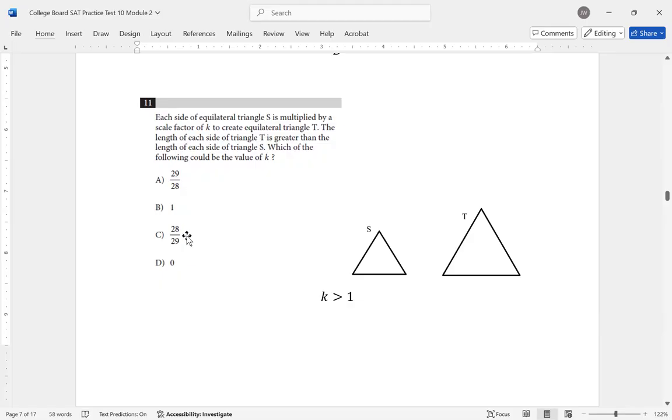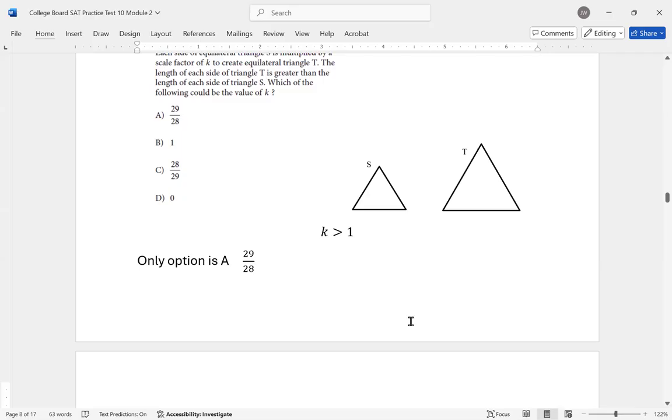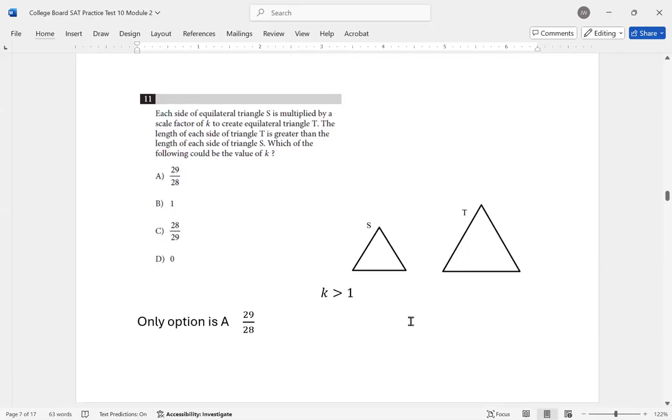All of the other factors are 1 or smaller. That's the only value which is bigger than 1. So A is the answer to question 11.